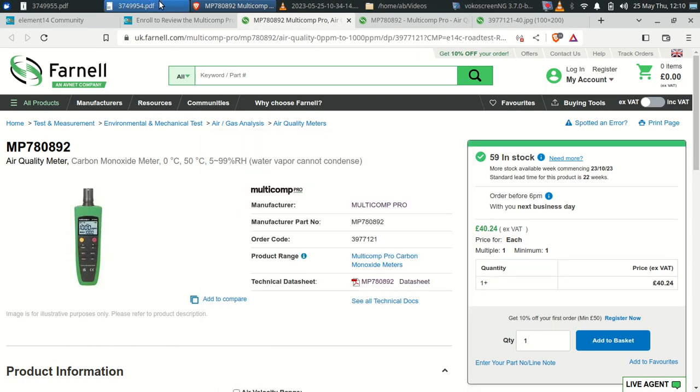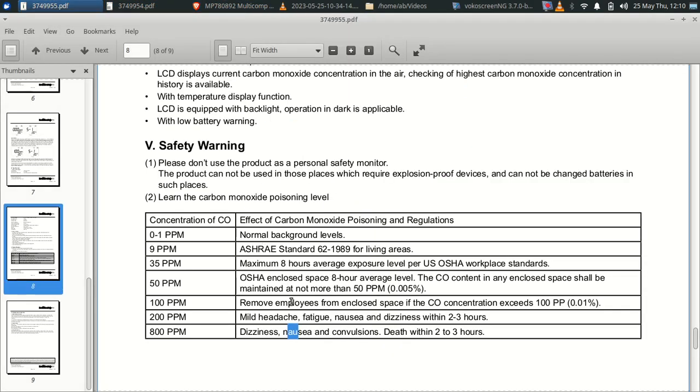Okay. But carbon monoxide is said to be okay at 0 to 1 ppm, or 9 ppm according to the ASHRAE standard in living areas.